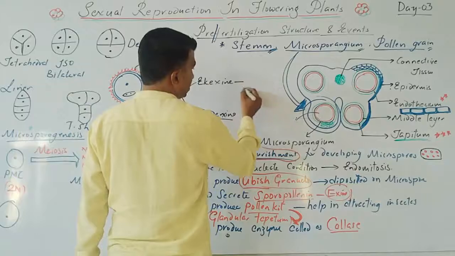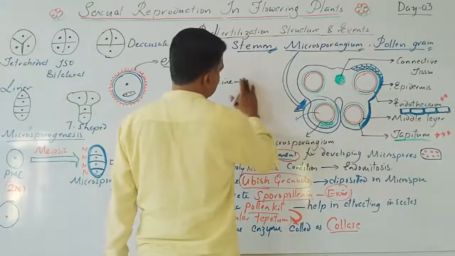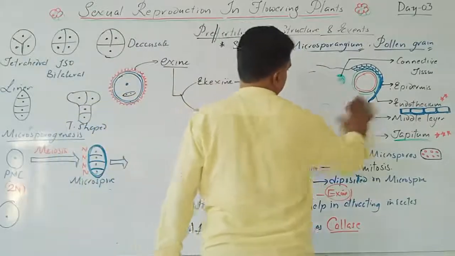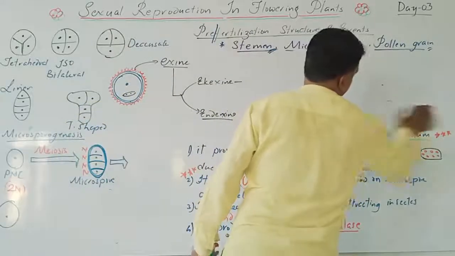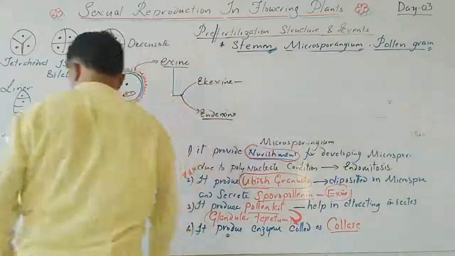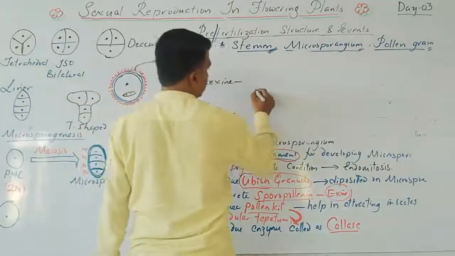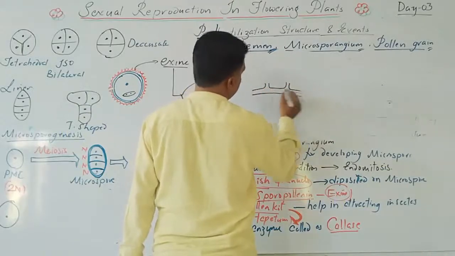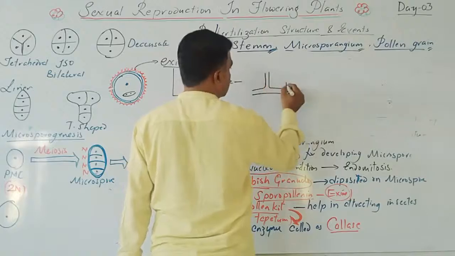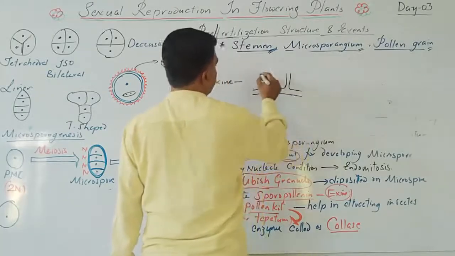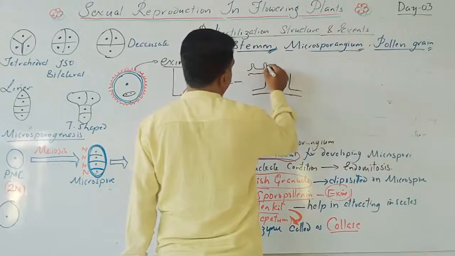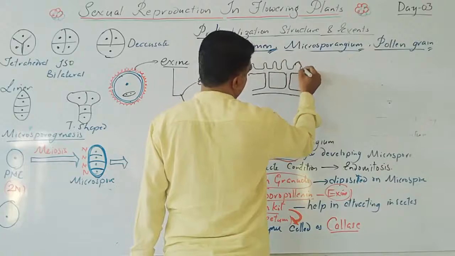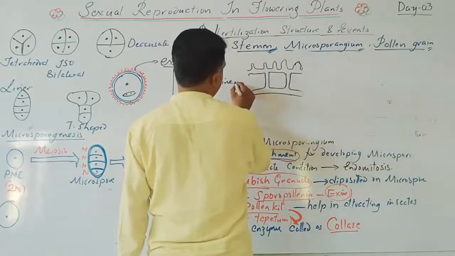This ectexine is again divided into three layers. So this is a foot layer. These extension pillar-like structures are the baculate, and this is the tectum.